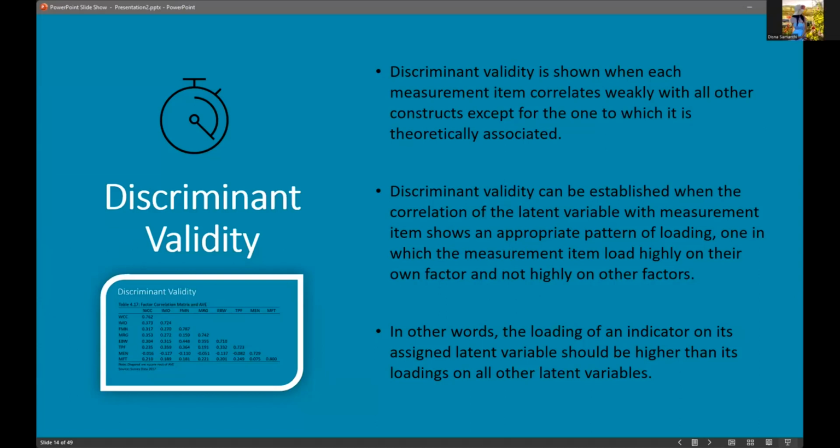So discriminant validity can be established when we calculate the correlation of each variable with the measurement. Let's say we have several variables, for example five variables in our research. What we have to do is test them for correlation.